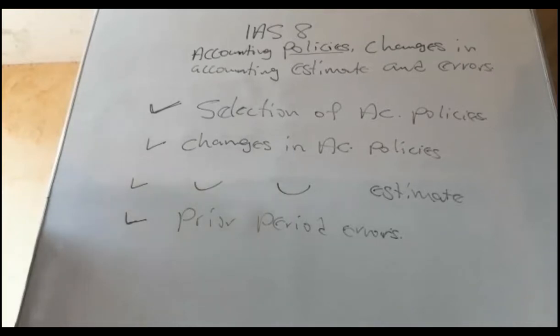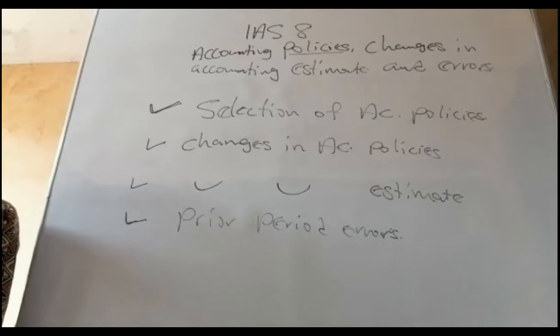On what basis do entities select the accounting policy? Are you free to choose any accounting policy you like? So the first section describes the basis on which the accounting policies must be selected.